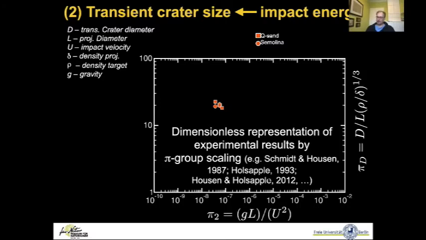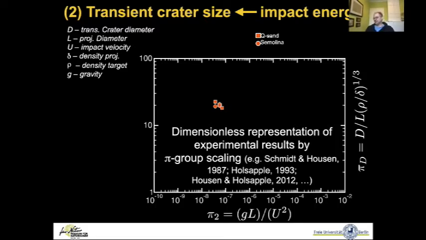So basically Housen and Holsapple are the two guys who developed this a lot and ran loads of experiments to calibrate our scaling laws. So you could also say the Housen and Holsapple scaling instead of pi group scaling, I think.